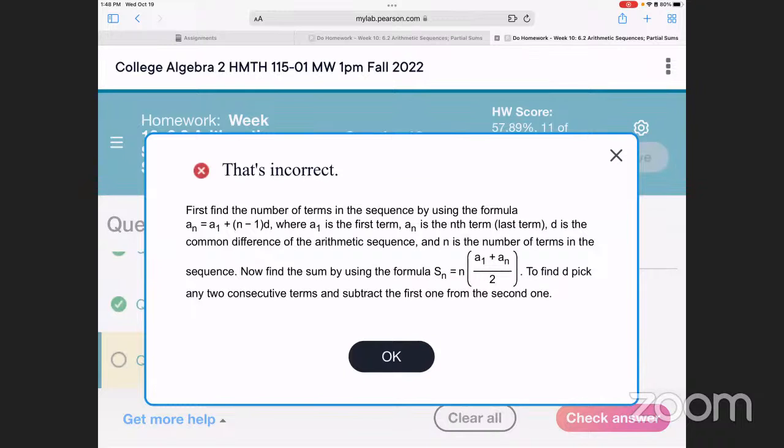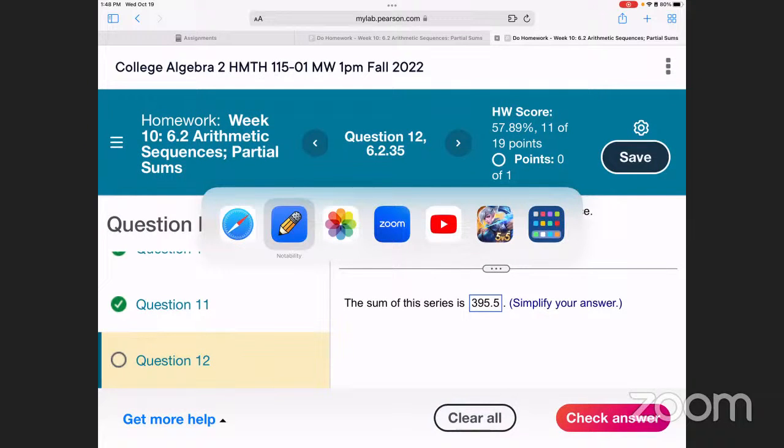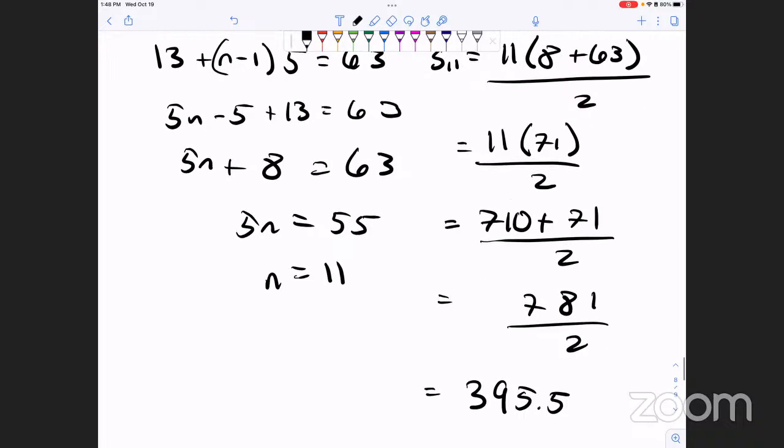Yeah, the formula's right. And did I write it right? Let me check it again. 73 minus 2, 71. Hey Siri, what's 11 times 71? 11 times 71 is 781. I don't know where I'm going wrong here.